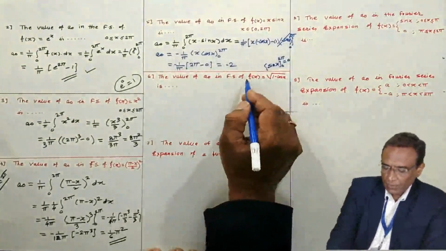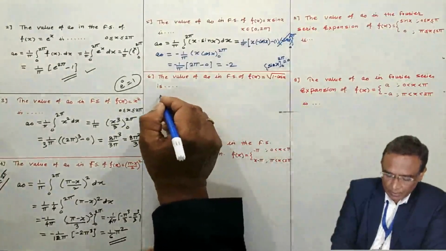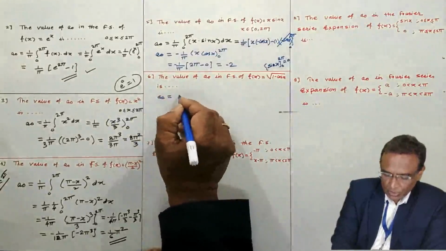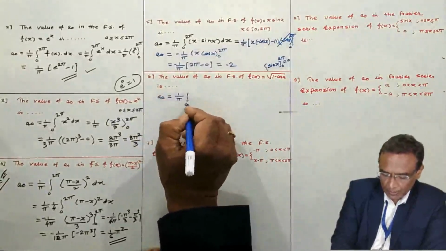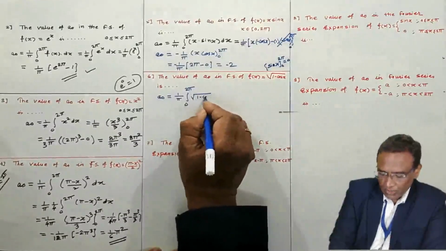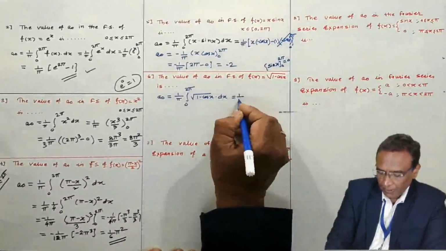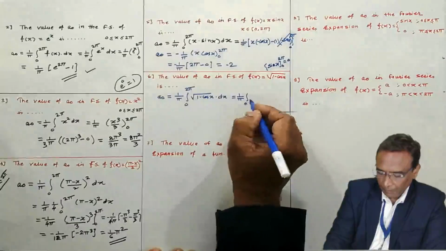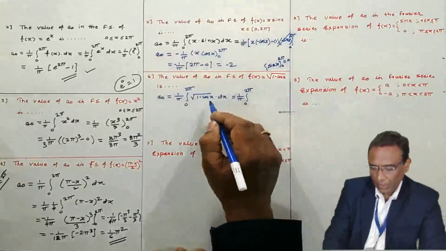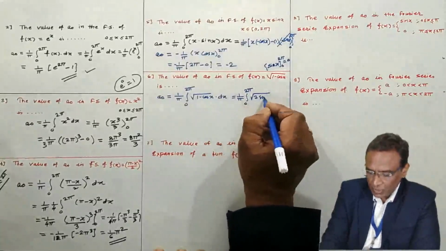Here, the value of a0 in the Fourier series of this function. Again, write down the formula for a0, 1 by pi, integral 0 to 2 pi, and root of 1 minus cos x is the function. Then 1 by pi, integral 0 to 2 pi, under root of 1 minus cos x can be written as 2 sin square x by 2.